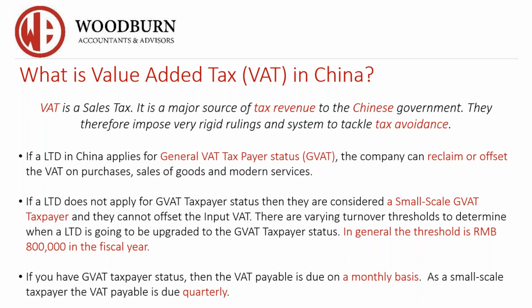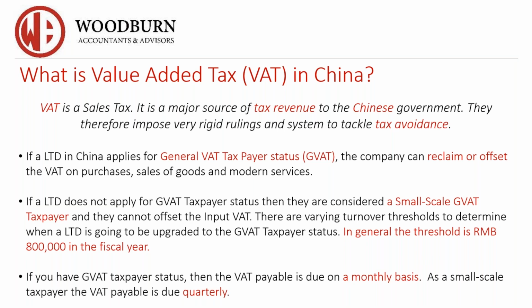The general VAT taxpayer status means that the company can reclaim or offset the VAT on purchases, sales of goods, and modern services, okay? If you want to remain as a small scale VAT taxpayer, then you cannot offset the VAT on purchases, which is called the input VAT, all right?